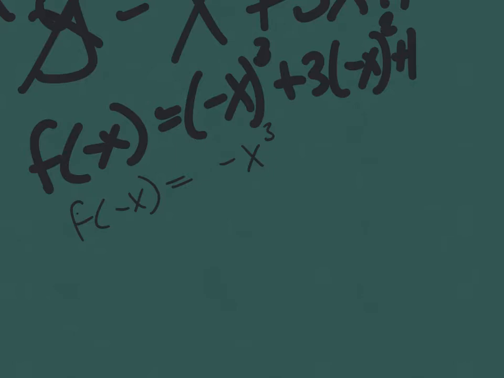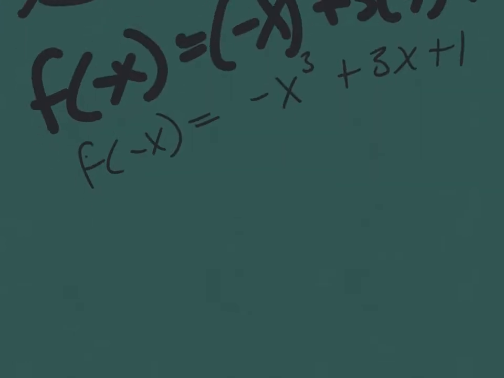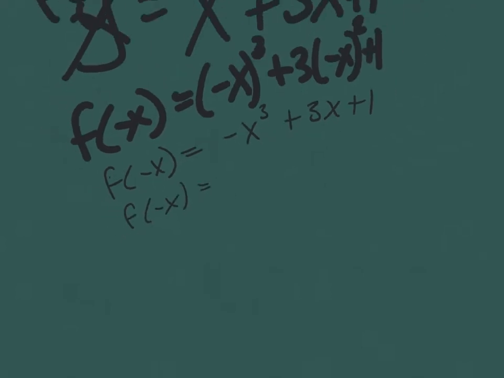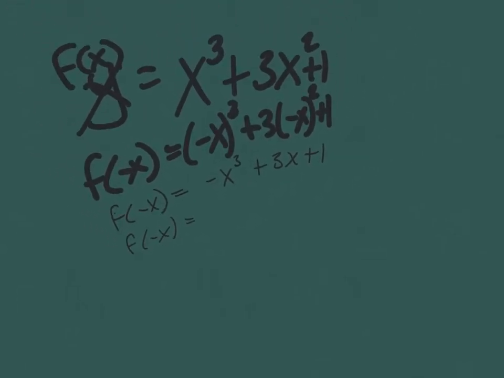And since that one's getting squared, I'm going to say it's positive 3x plus 1. Next. Oh wait, I've got it simplified down enough I can determine at this point. Is that exactly the same as that? That is not the same thing, and therefore it is not even.